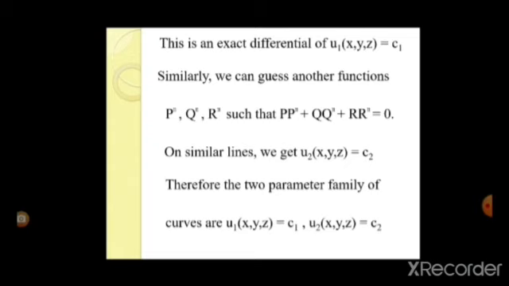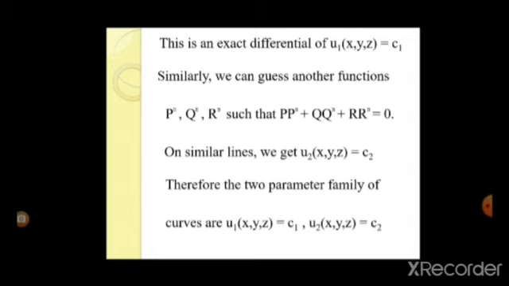As in the above process, where we calculated that the p dash plus q dash plus r dash value equals 0, here, while choosing the functions p double dash, q double dash, r double dash, the sum p double dash plus q double dash plus r double dash should be 0.